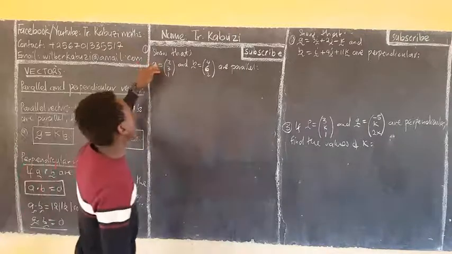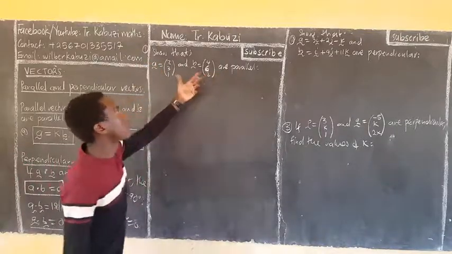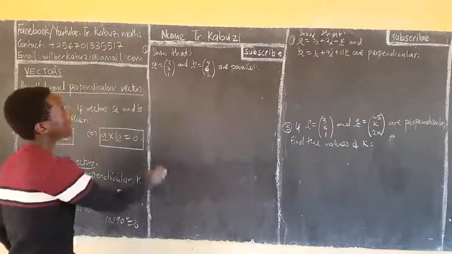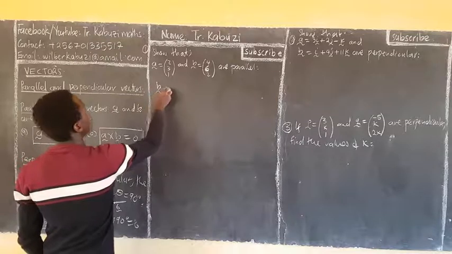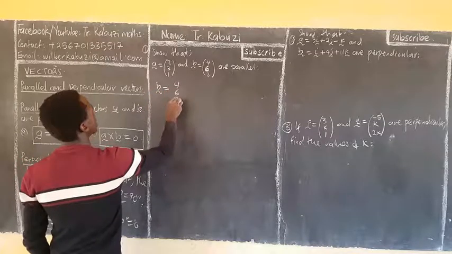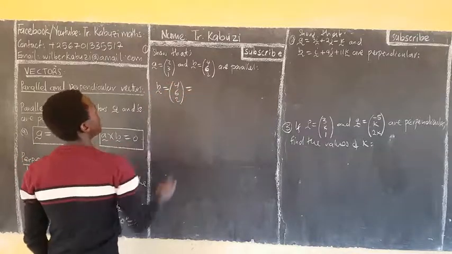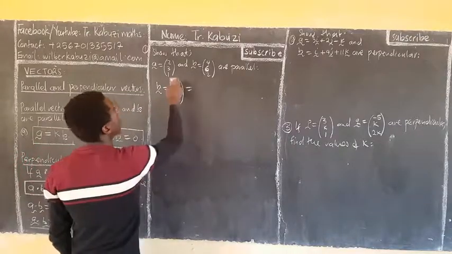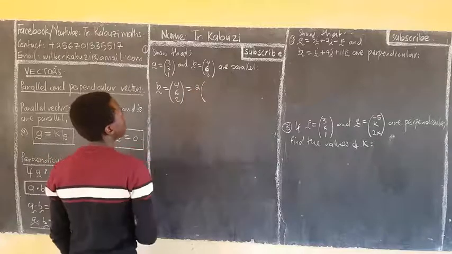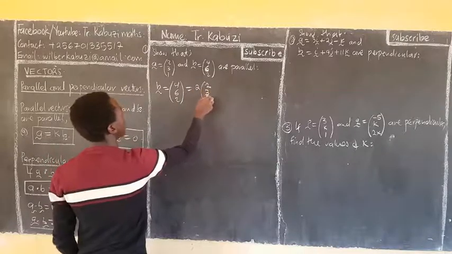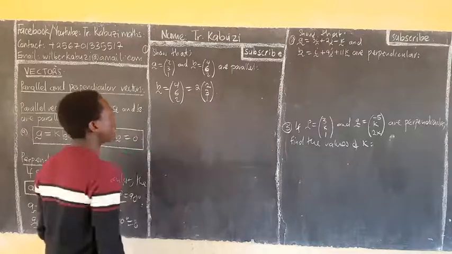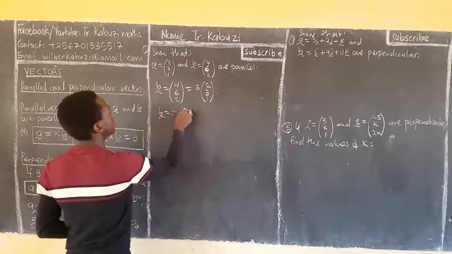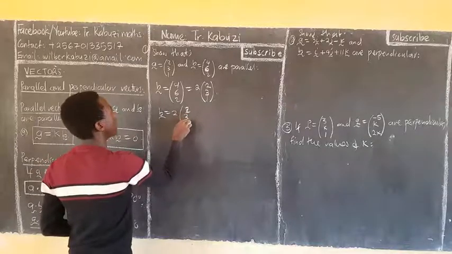Now, show that A and B are parallel. I need to express one as a scalar multiple of the other. If I start with my B, B is 4, 6, 2. You see there's something common to all of them. When I factorize out a 2, here I am left with a 2, here with a 3, here with a 1. So my B will be equal to 2 into 2, 3, 1.